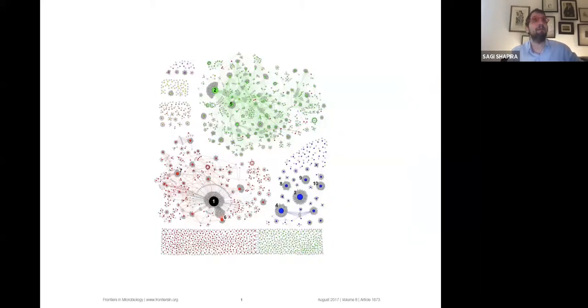Now, imagine if you could, rather than looking at one virus at a time, build this interaction network for all viruses, or perhaps even all pathogens.